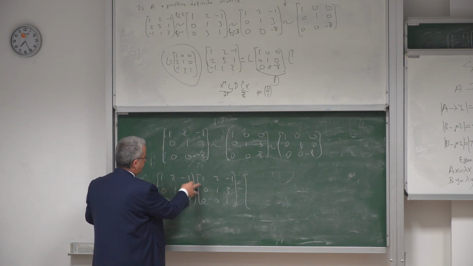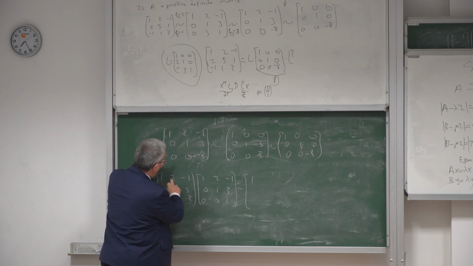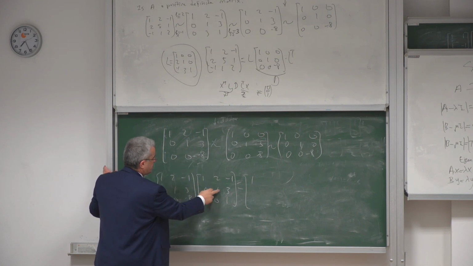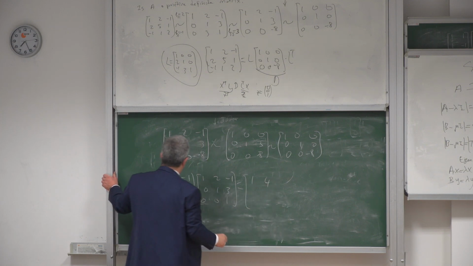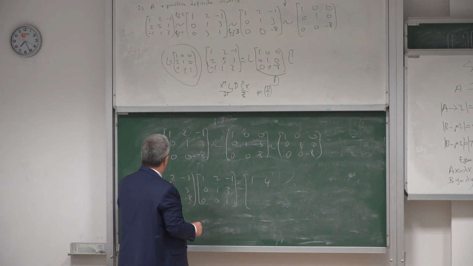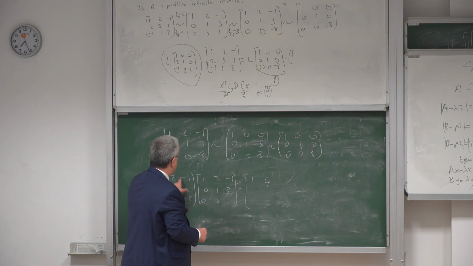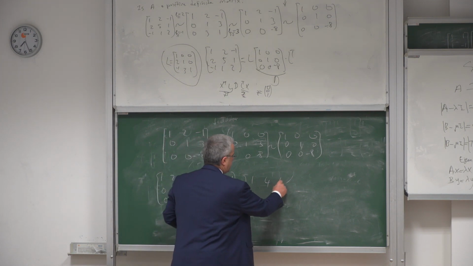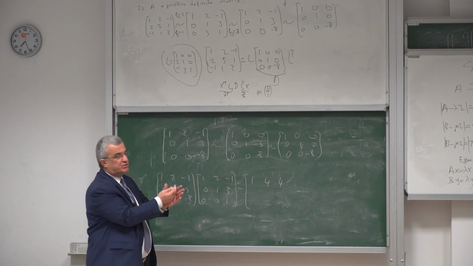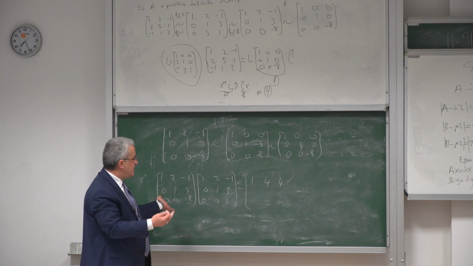This is 1, right? And this is 2 plus 2, it is 4, right? And this is minus 1 plus 6, 5, and this is minus 1, that is 4. So if you multiply this together, you find out that it just boils down to giving you back A, okay?